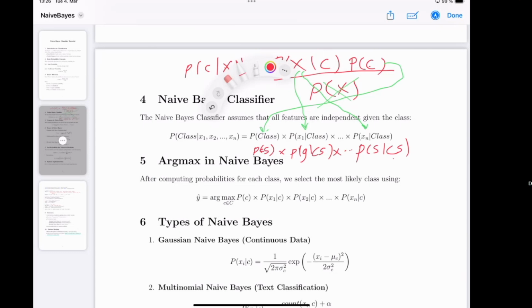So this probability actually is redundant.